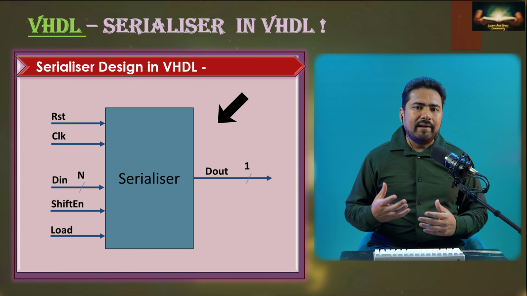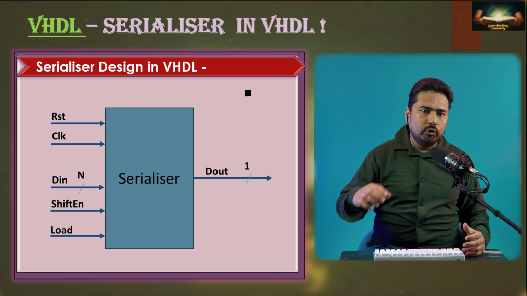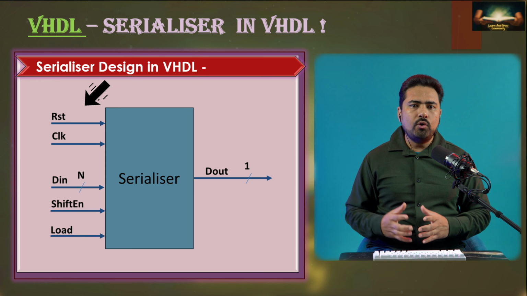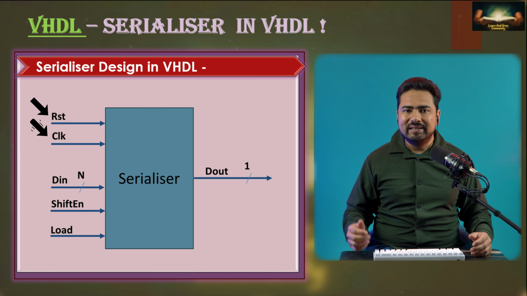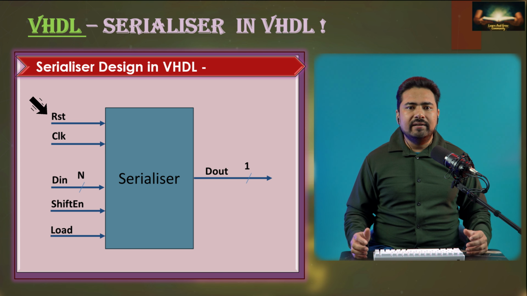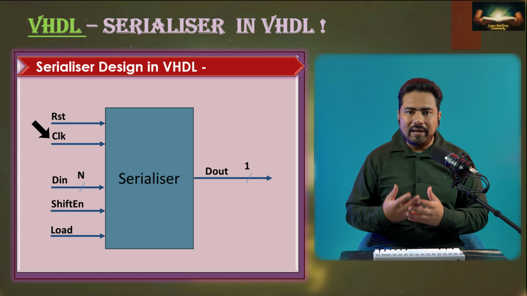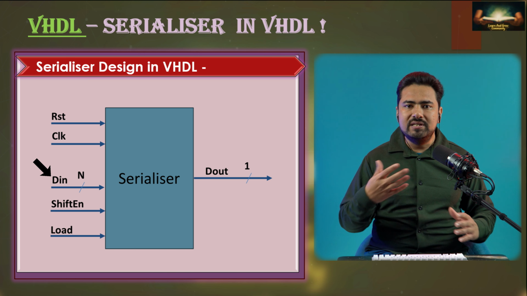This is the block diagram of a serializer module, and we will be designing this module. Let's quickly understand it. First, focus on the input ports. We have reset and clock signals. Reset is needed to initialize your module, and the clock signal is needed for the synchronized shift of your data. Next, we have input D in.